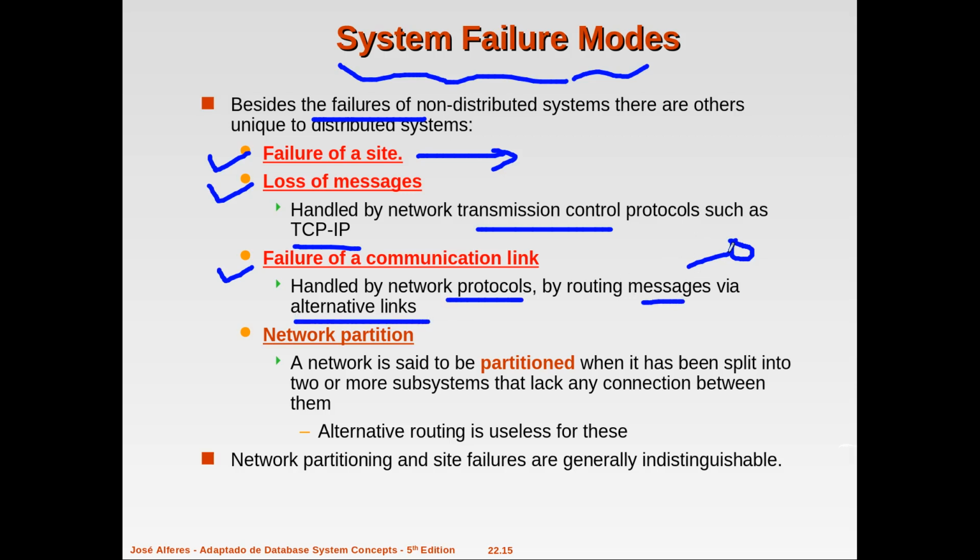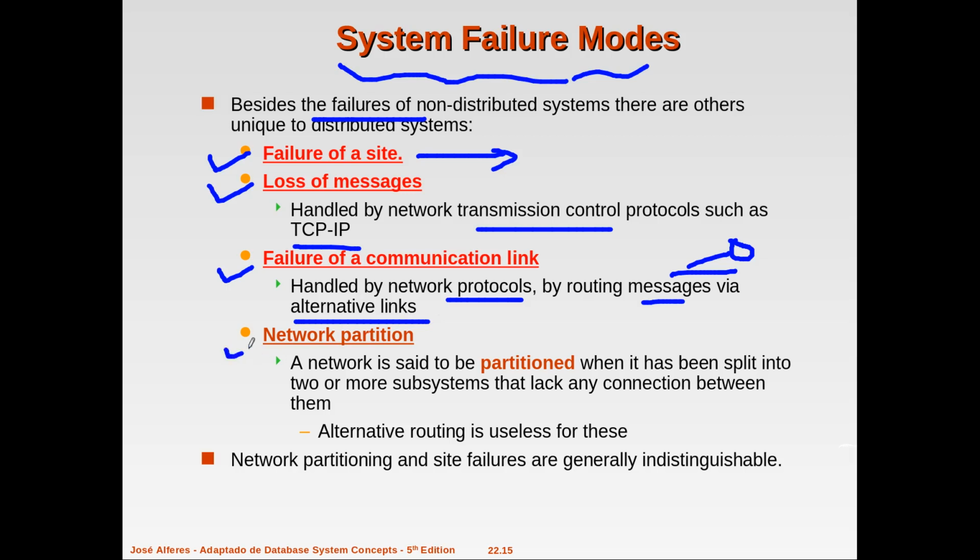So if a particular link cannot reach a particular site, it will reroute the message using an alternative link through which it can communicate with that site. So it will be handled by the relevant network protocols.